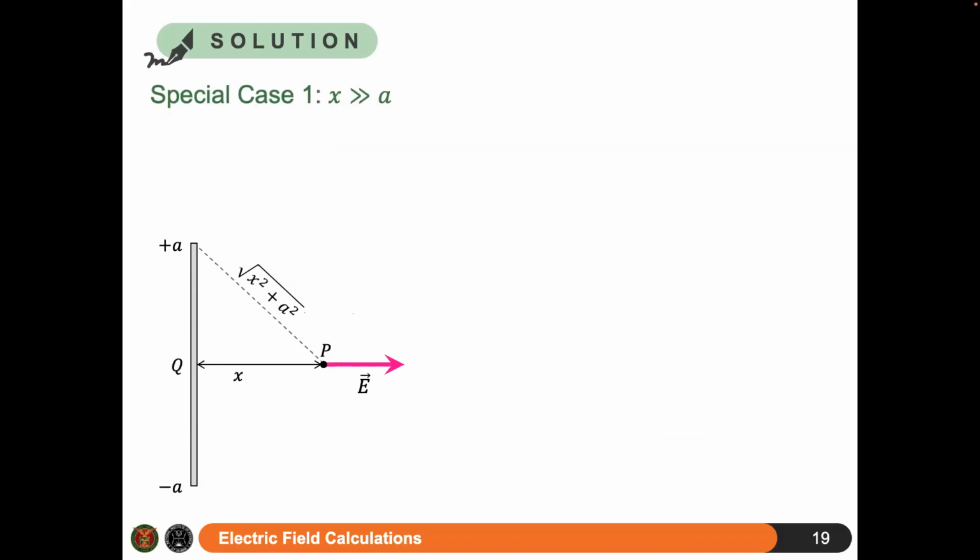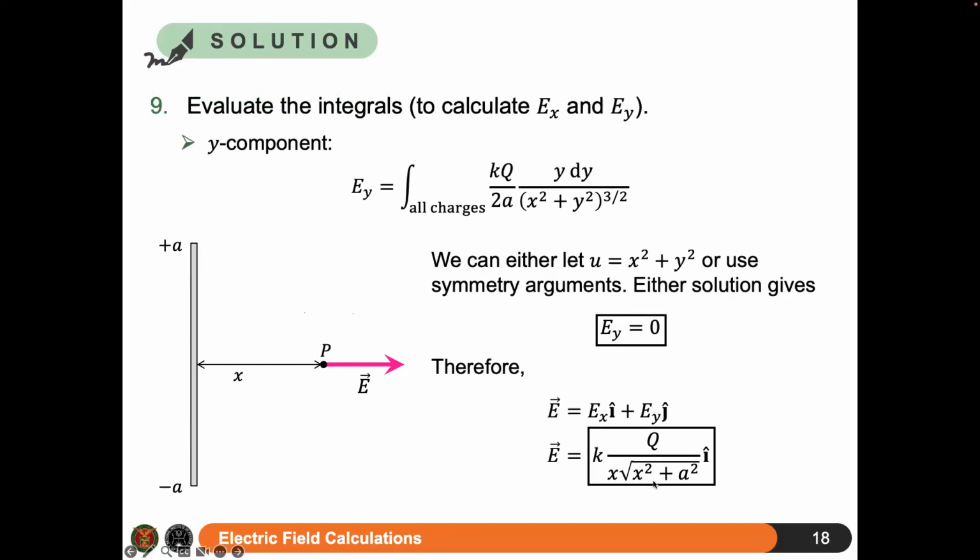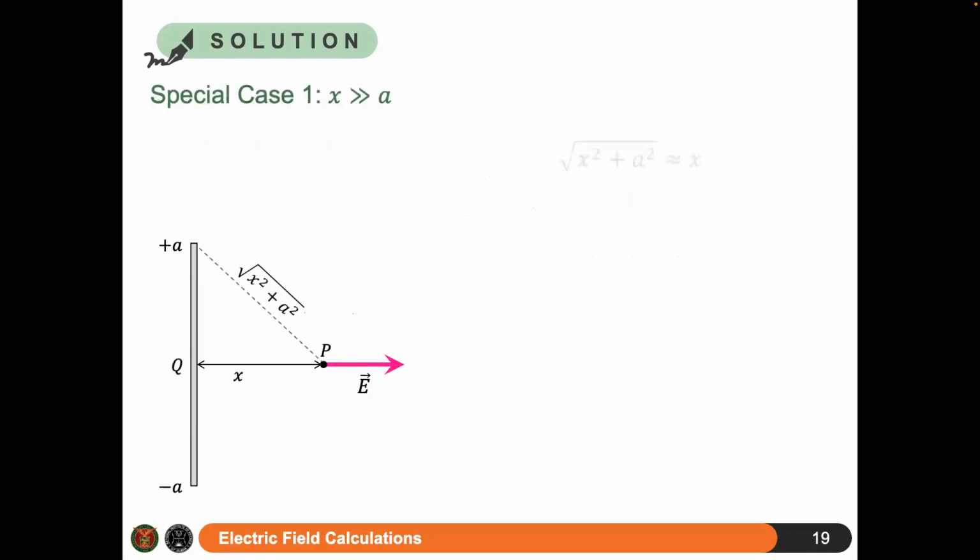Now we have some special cases. If x is much greater than a, the a in the denominator becomes negligible. In other words, if we measure our electric field at point P very far away from the source, the length of the rod becomes negligible. So x is greater than a, and the square root becomes just x.